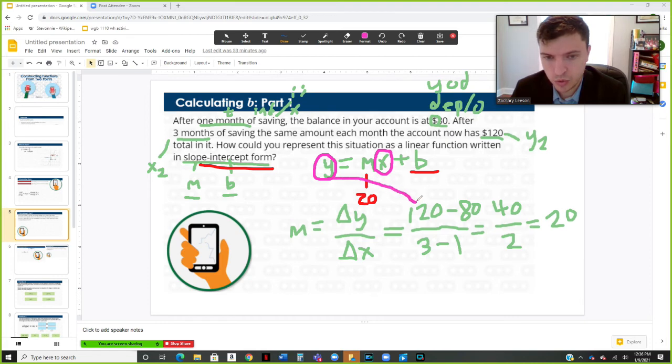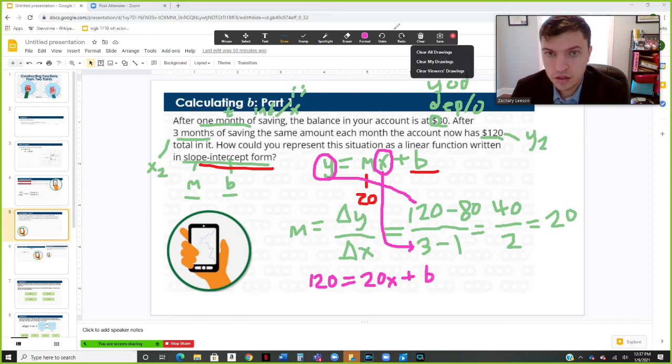So I have a 120 over here, and that goes along with this 3 over here. If I can plug that in, substitute those numbers in for the y and the x, I can solve for b after I isolate that variable, right? Oh, I forgot to substitute. So we're going to substitute.